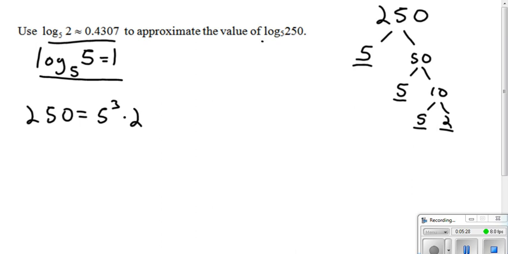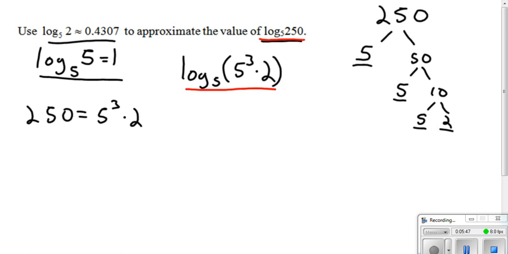So if we need to find log base 5 of 250, that's the same as saying log base 5 of 5 to the third power times 2. Now we're chugging right along with our simplification process. We've changed log base 5 of 250 into log base 5 of 5 to the third power times 2.